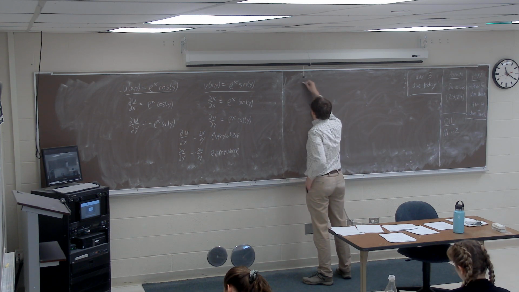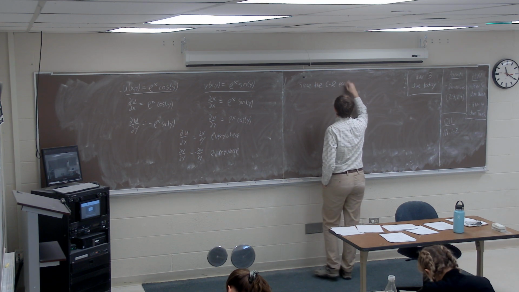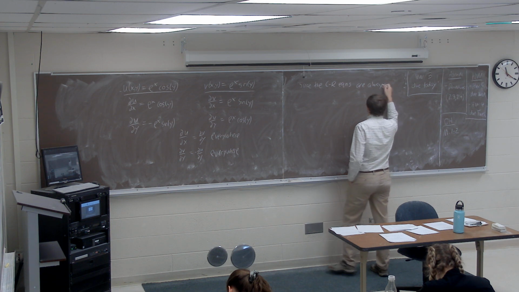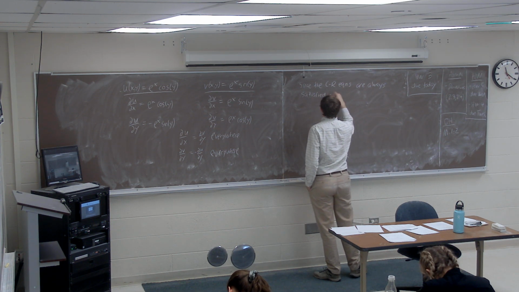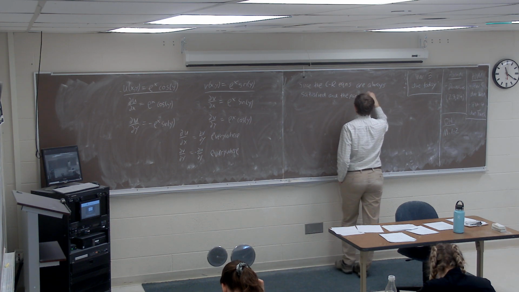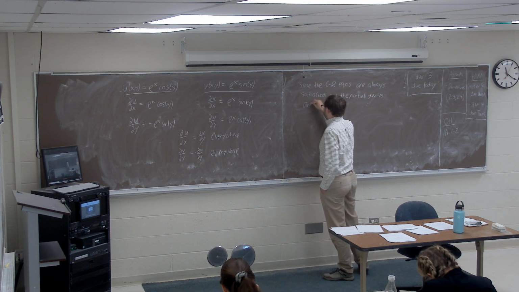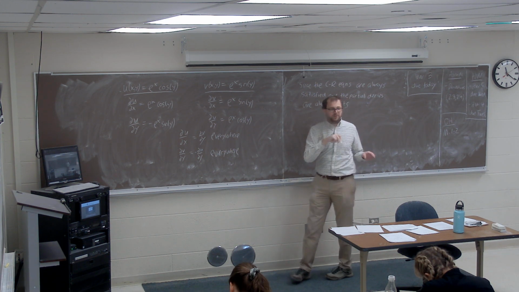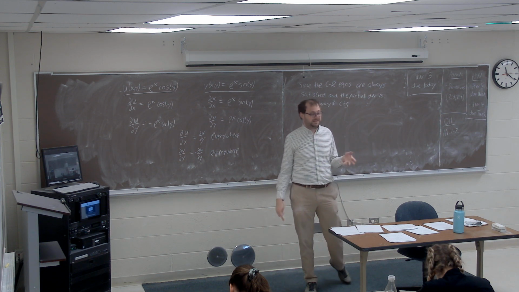In this case, we can say that since the Cauchy-Riemann equations are always satisfied, and the partial derivatives are always continuous, here kind of relying on Calc 3 knowledge that things like e to the x cosine y and e to the x sine of y are always continuous functions.